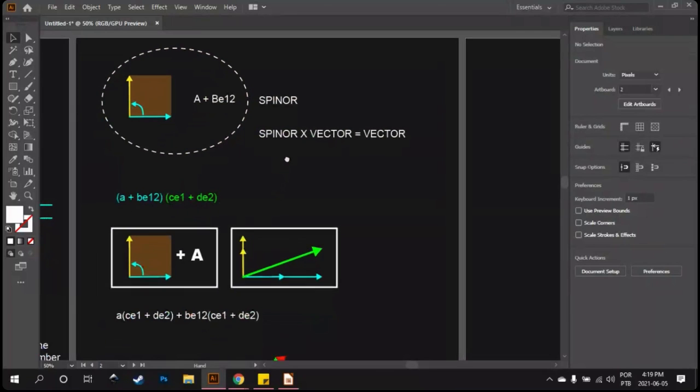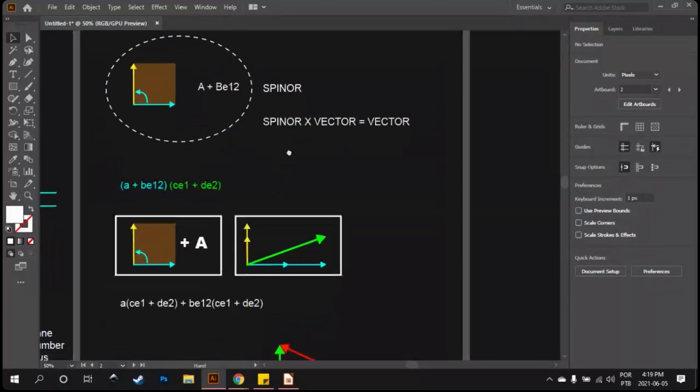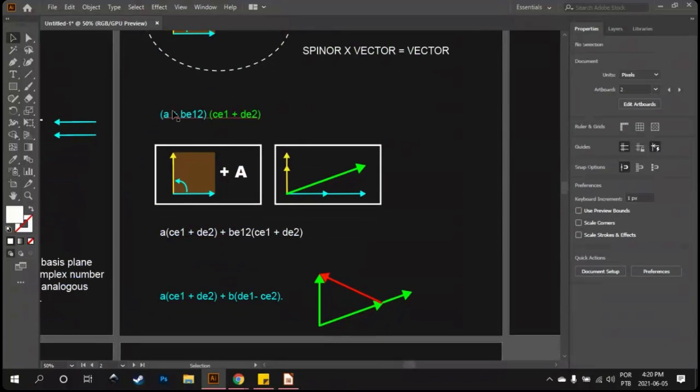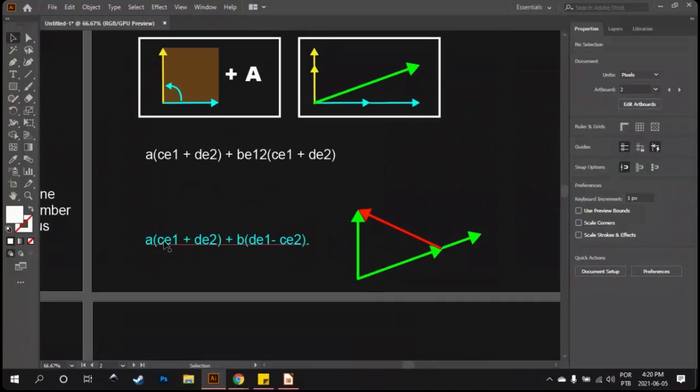And the reason they're called spinors, as I said, is because they rotate vectors, and you can showcase algebraically here that if you have a regular spinor, which is a scaled basis plane and a scalar, and another vector, algebraically you multiply this out, and what ends up happening is that you end up with this, right? And this is just another vector.